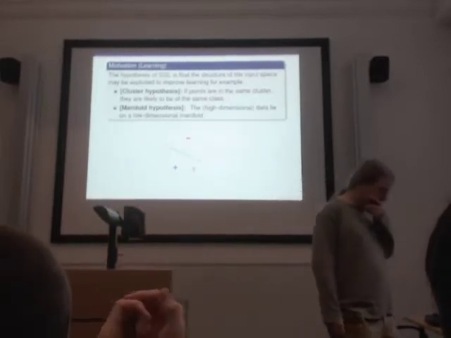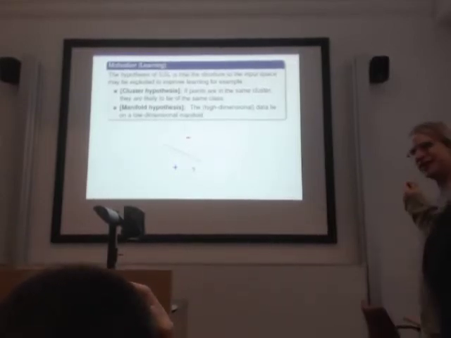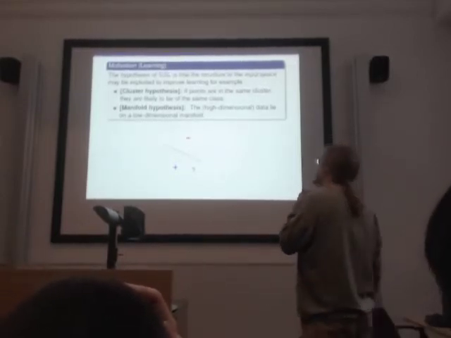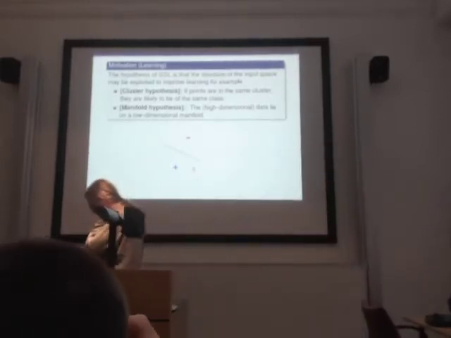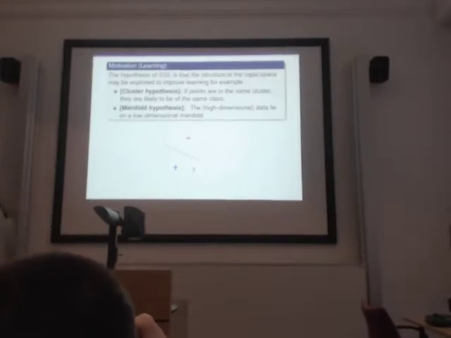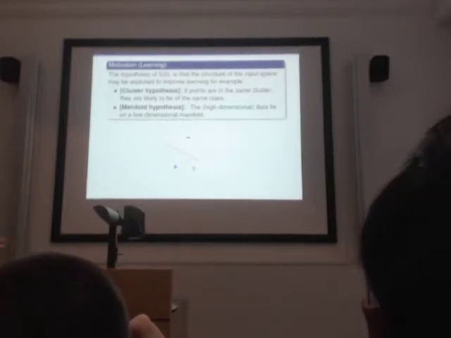Semi-supervised learning, you want to take advantage of the unlabeled data. You can't take advantage of something without making assumptions. And there's different assumptions that try to explain why various semi-supervised learning methods make sense. 2 common assumptions are the following: that we can use semi-supervised learning to do well in the following sense.